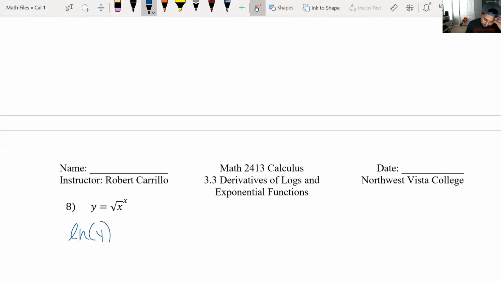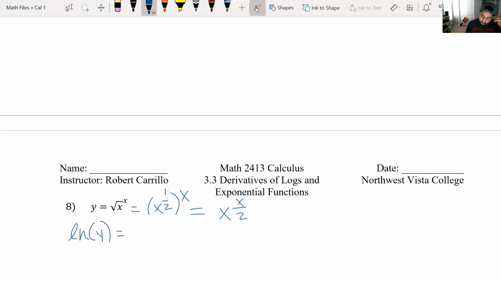Natural log y equals, oh yeah, before I begin, we can rewrite this as x to the 1/2 raised to the x, which is the same as x to the x over 2. Same thing.